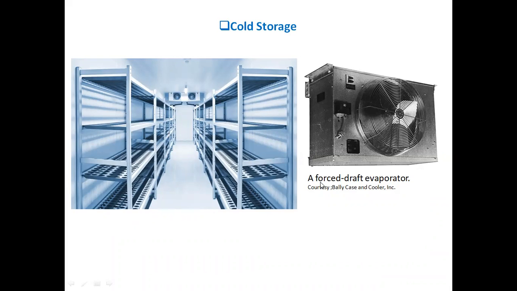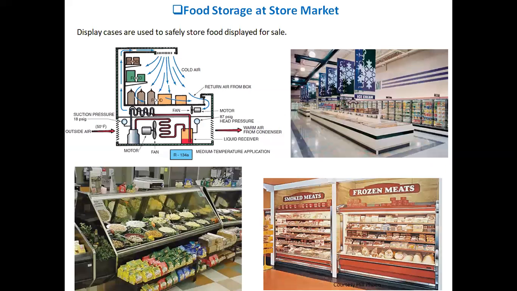One of the evaporators, which is the forced draft evaporator, is shown here. This evaporator has cooling coils, and a fan blows the air, which recirculates the air in the room. So such cold storages are used for storing and increasing the shelf life of food, fruits, and vegetables.